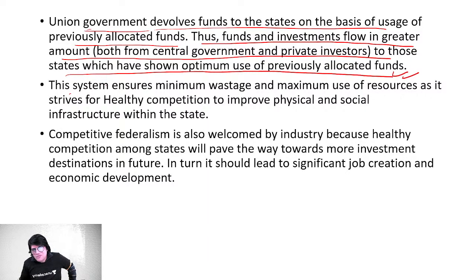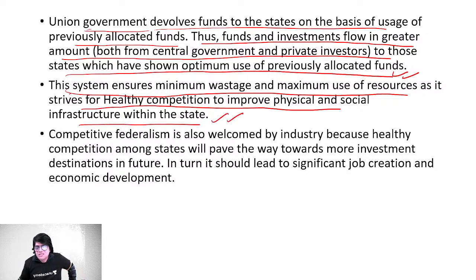And we have seen in the 15th Finance Commission report that many of the criteria based on the performance of the state, in a variety of ways, were made the basis for various grants and aids. So this system ensures minimum wastage and maximum use of resources, and it strives for a healthy competition to improve the physical and social infrastructure within the states.